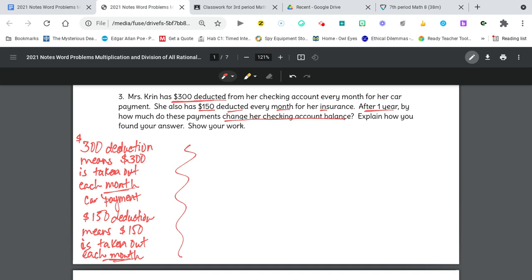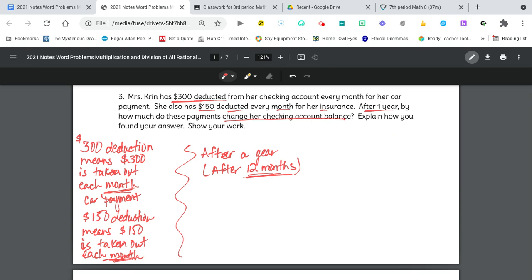So in other words, after a year, which is the same as, it means after 12 months, guys. Because these are taken out by the month. So I'm going to have to do my calculations in terms of months, okay? I can't worry about a year. A year is the same as 12 months.